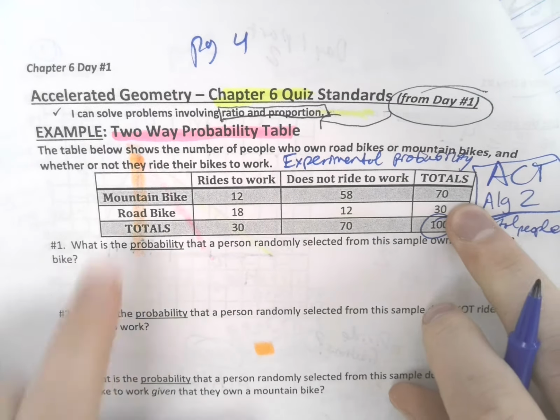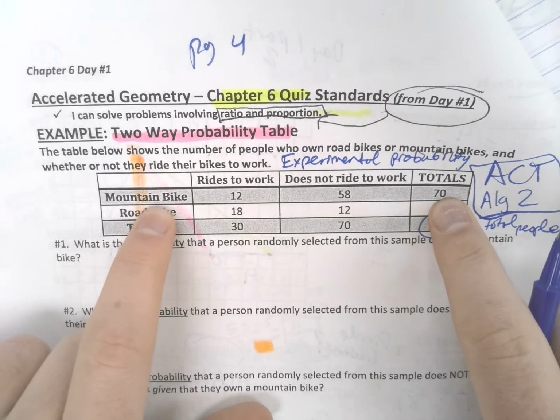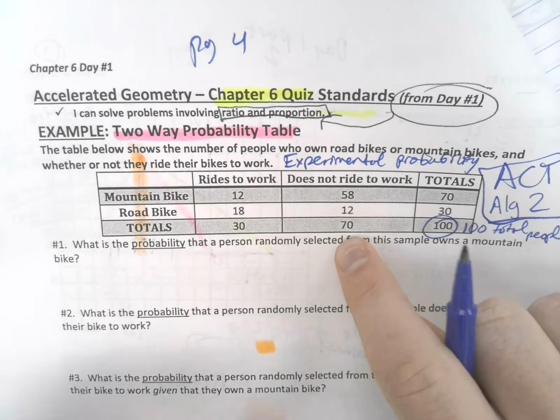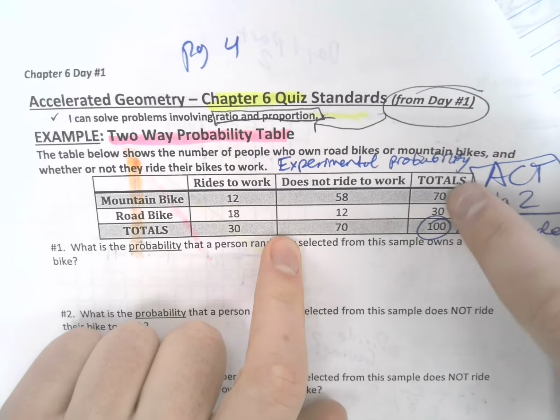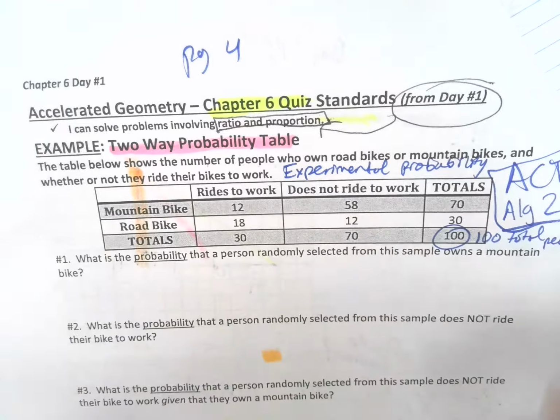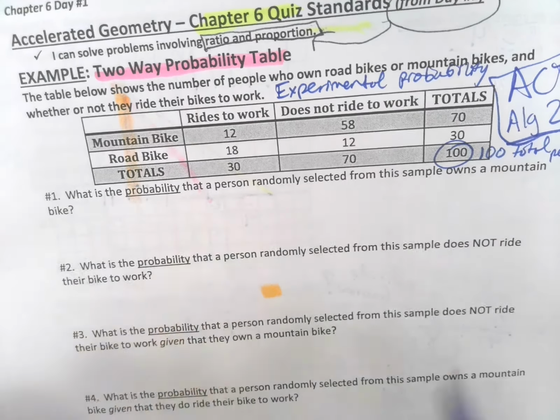We can see there are 30 people that own road bikes and 70 people that own mountain bikes. 30 people that ride to work, 70 people do not ride to work. Guys, this is coincidental. This column and this column, it's just random that they're the same. These are not connected. It's just a crazy coincidence.